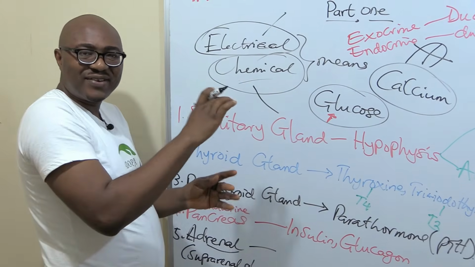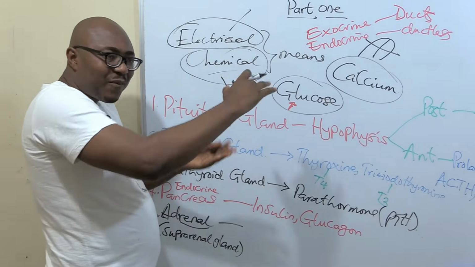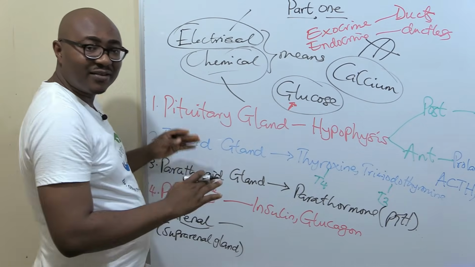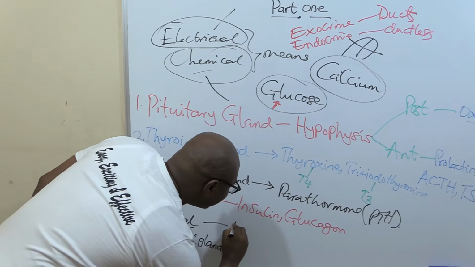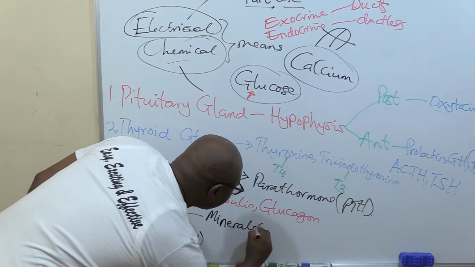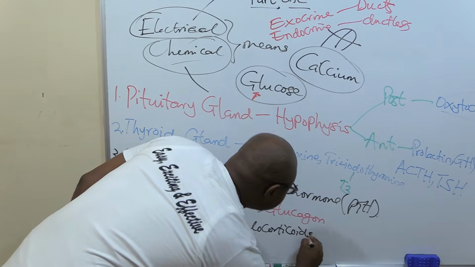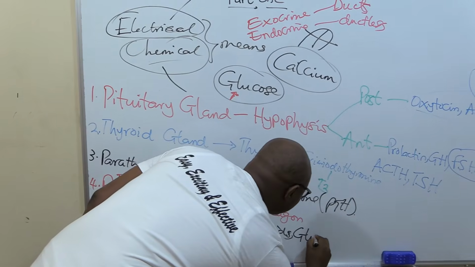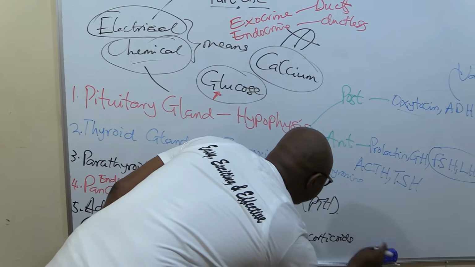They have different regions. You have the cortex and the medulla. The cortex of the adrenal gland secretes mainly what we call mineralocorticoids, then you have glucocorticoids.